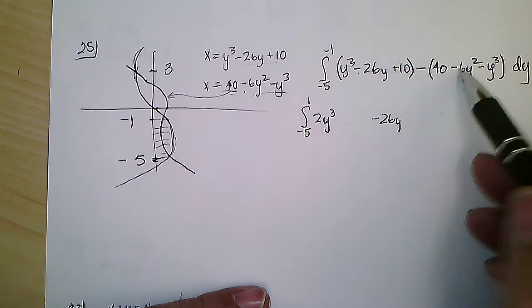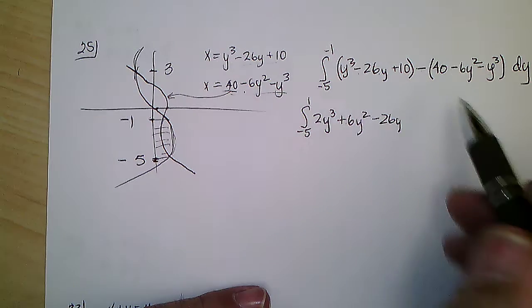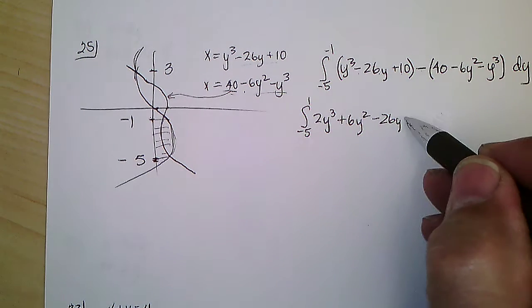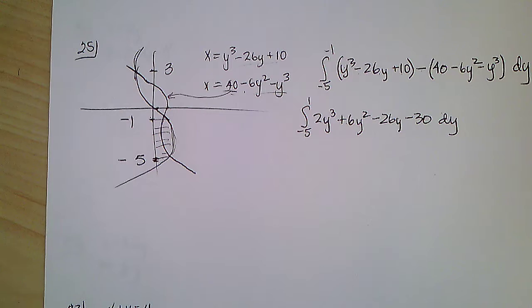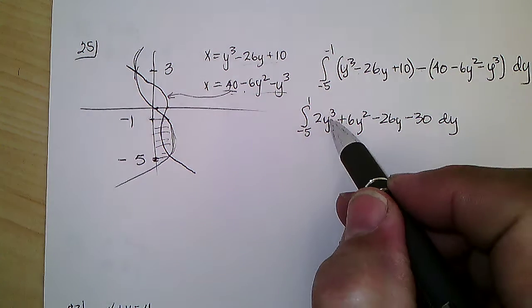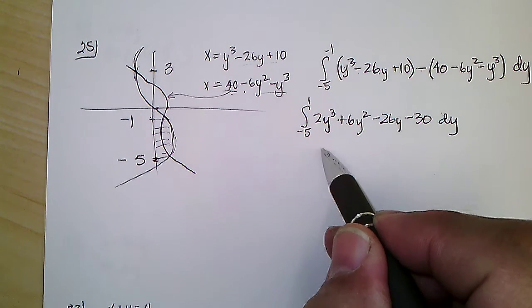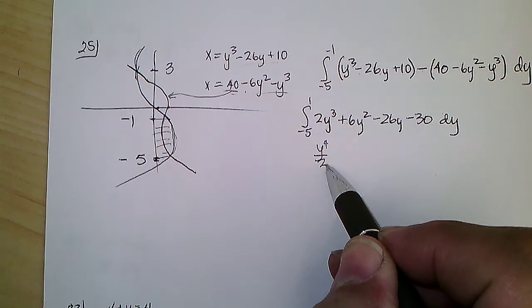We have plus 6y squared. And then we have 10 minus 40, which is minus 30. Okay. So this would be y to the fourth over 4. 2 over 4 is 1/2, so that'd be y to the fourth over 2.